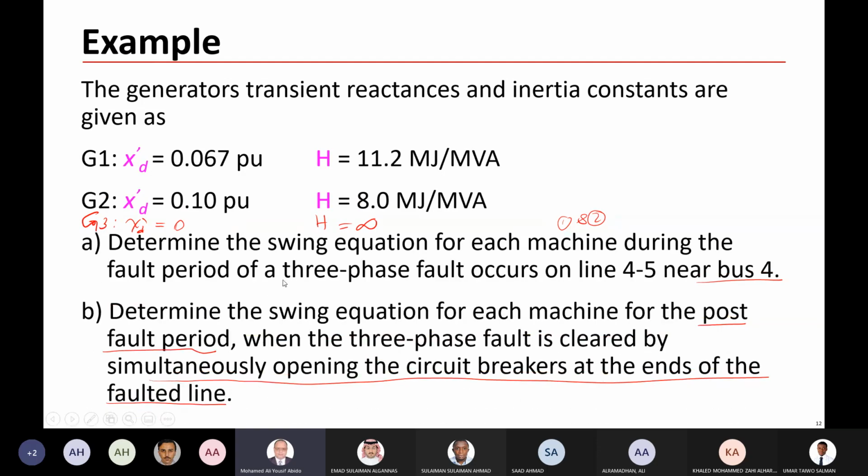What is required here is we need the swing equation of each machine during the fault period. If a 3-phase fault occurs at bus number 4, line 4-5, and at the end of the line 4-5 near to bus number 4.